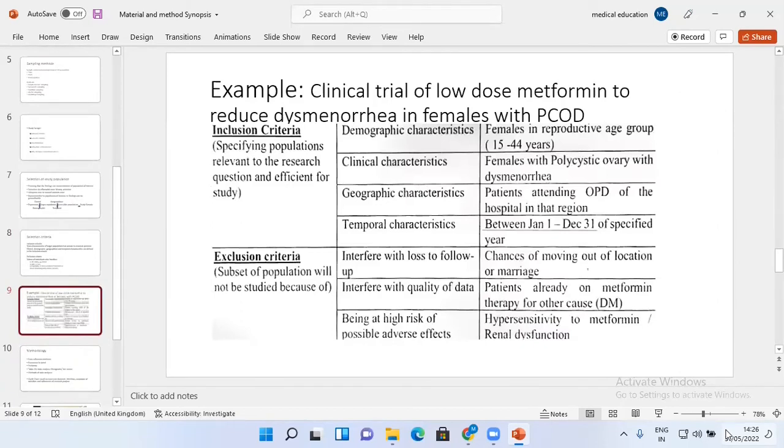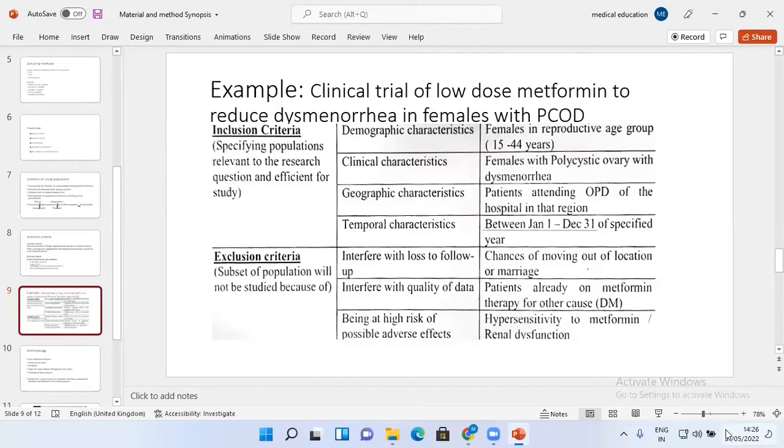For example, if your title is clinical trial of low dose metformin to reduce dysmenorrhea in females of polycystic ovarian disease. Based on demographic characteristics, in your inclusion criteria you will write that you are going to select all the females in the reproductive age group, and you have to specify the age. Like any other research question, you have to mention which age group you are going to include.